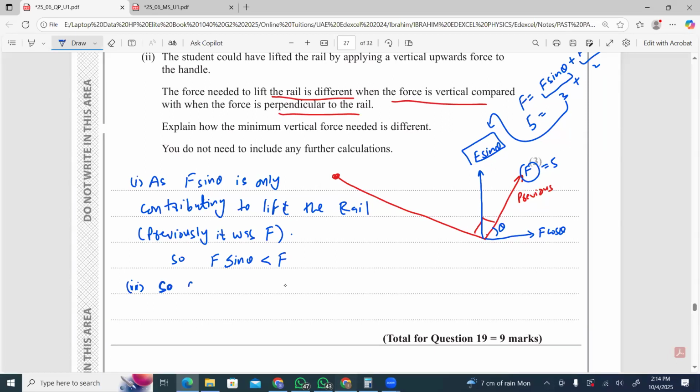So in order to balance, you say that the clockwise moment is not equal to the anti-clockwise moment now.